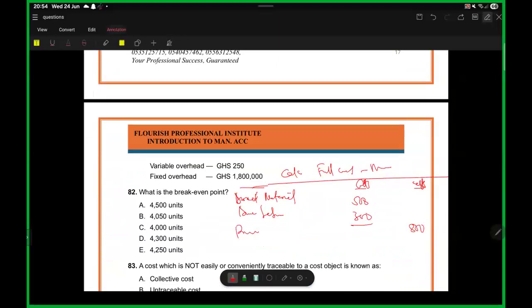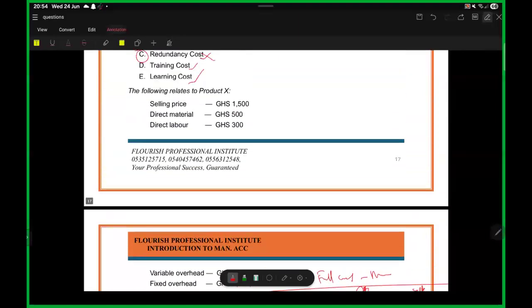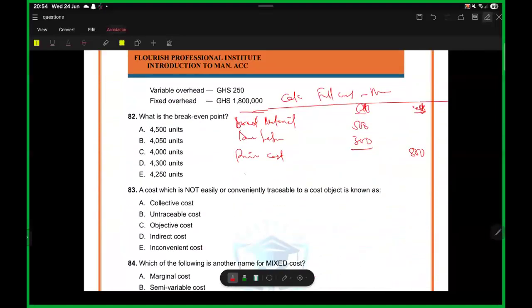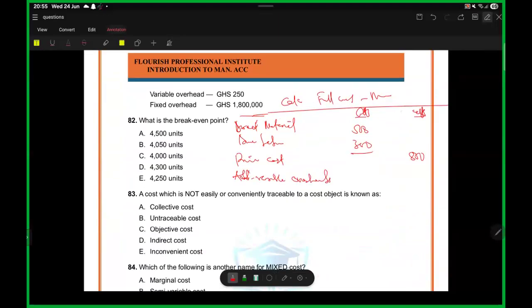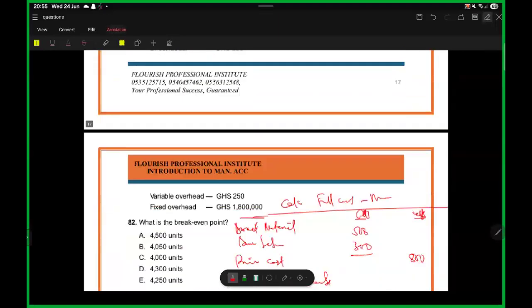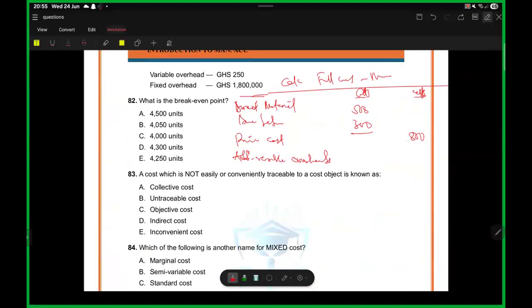Remember, once I have this, under the marginal costing, I'll add the variable overheads, which is 250. Then I'll get 1,050. Now, this one becomes the total variable cost.